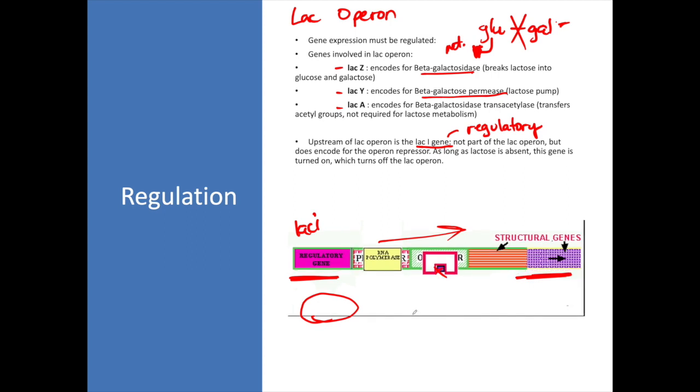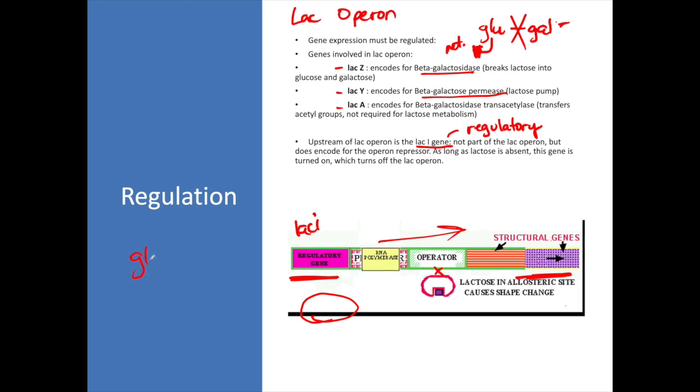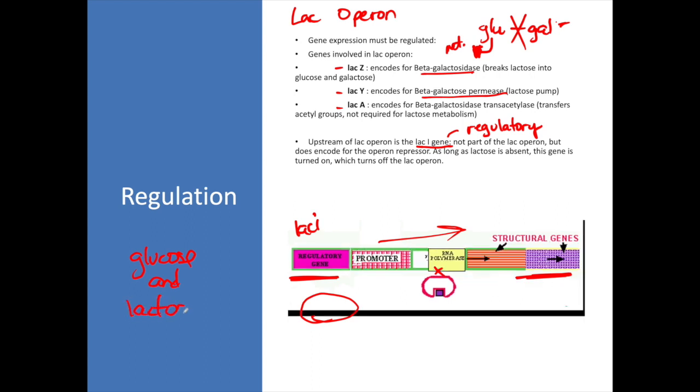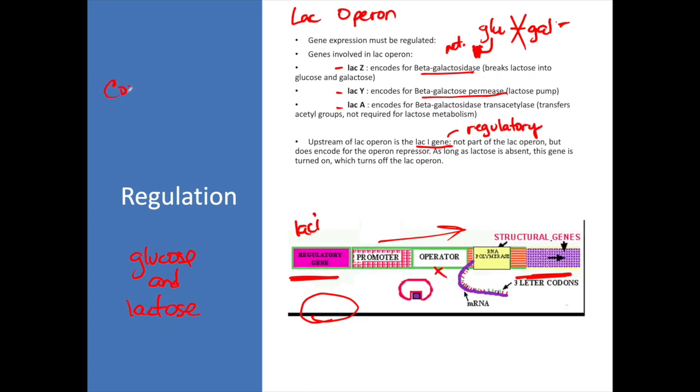Now, regulation of the Lac Operon is actually dependent on glucose as well as lactose. It is a 2-step process, and it's called combinatorial control.